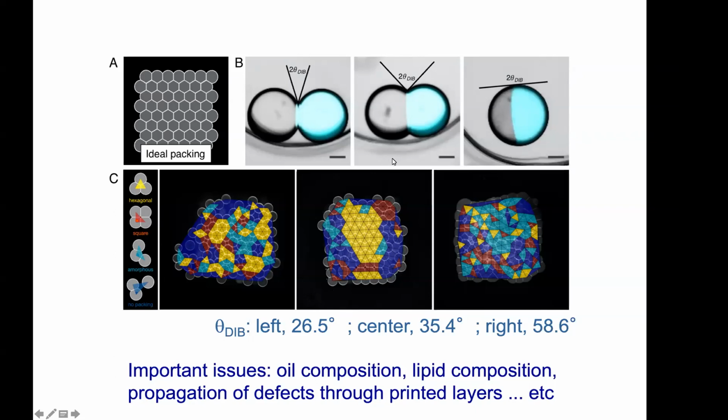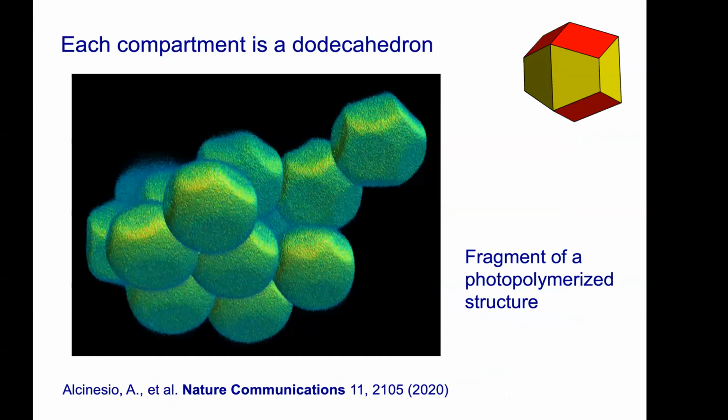Another thing that we found out during this study is that if you have defects in the first layer that you print, they will propagate through subsequent layers, and that's another thing that really affects the fidelity of the printing. And also from this paper that just came out is this beautiful image that shows what a fragment of a 3D printed material looks like.